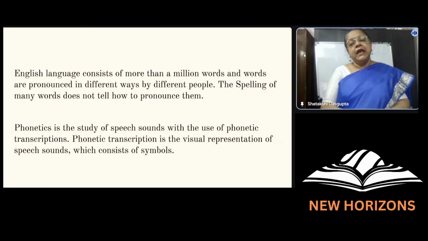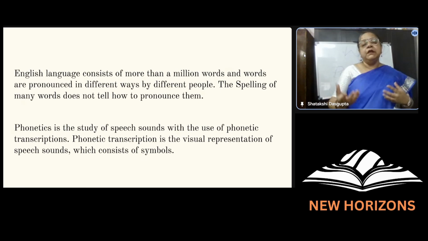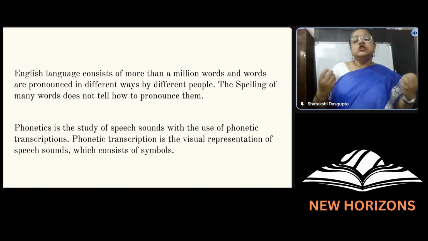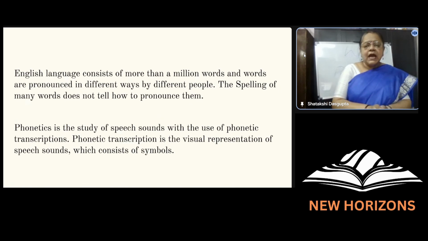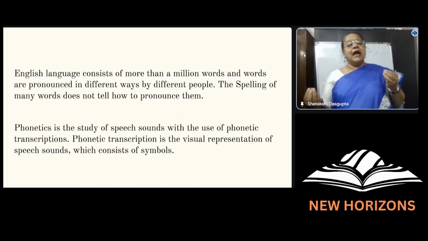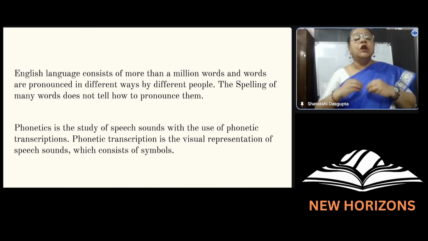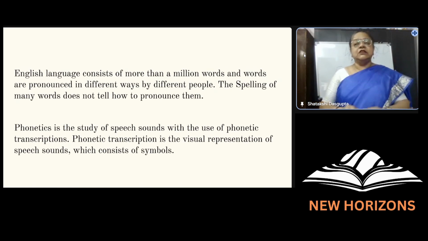When you're going to Spain, the people pronounce with a Spanish accent. People talking in France will have a French accent. In Germany, they'll have a German accent. And many a times you must have noticed that for words taken from these languages, the pronunciation does not always tally with the spelling of these words.